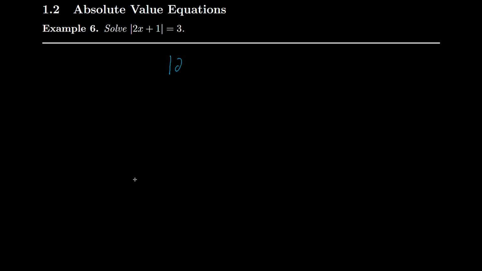The absolute value of 2x plus 1 equaling 3 is going to break down into two cases. It's either going to break down into this case over here or this case over here on the right. One case is that 2x plus 1 equals 3. The other case is, well, what if it was negative?